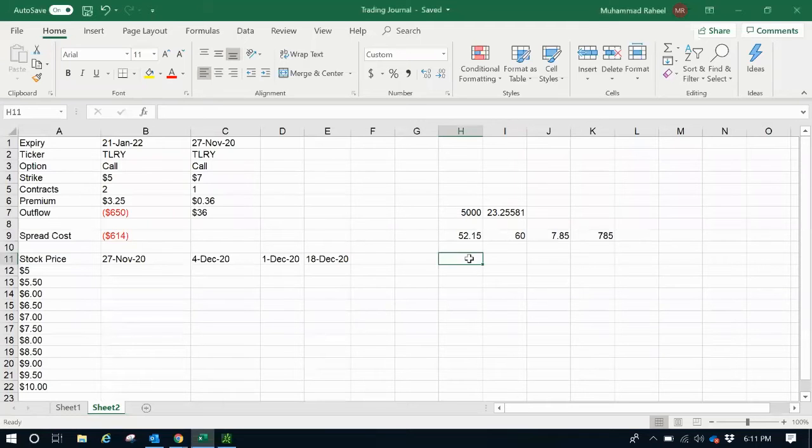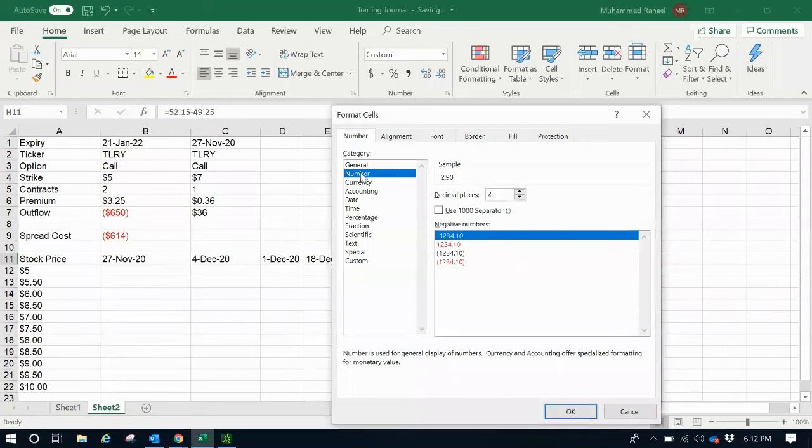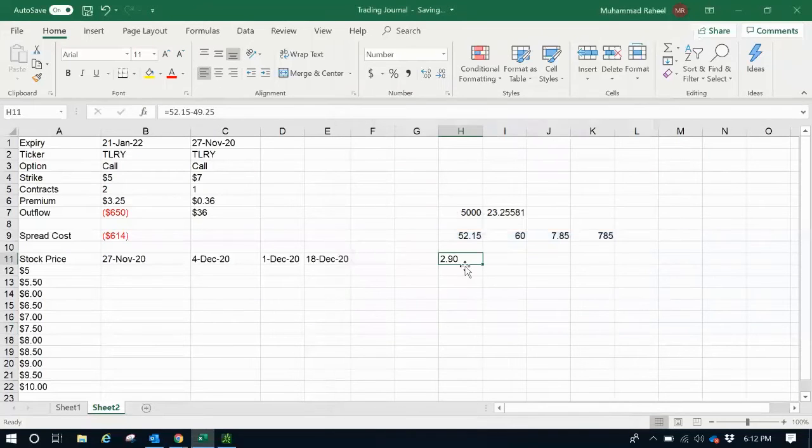To break even at 52.15, minus the 49.25, it's a distance of almost $3, which on a 49.25 stock is about a 6% move.